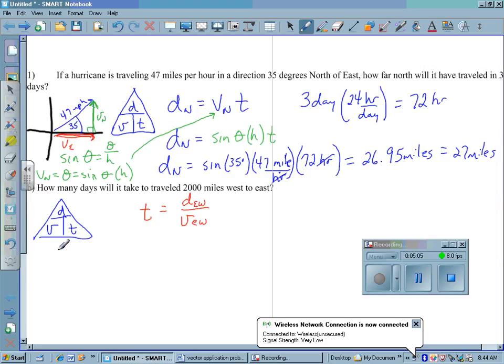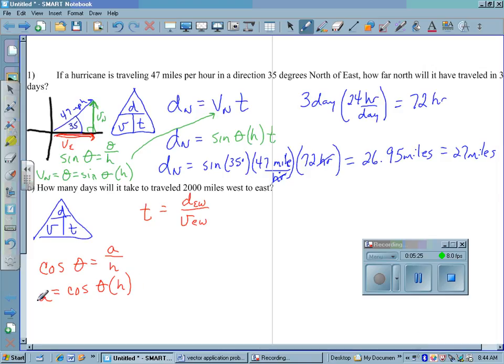Well, if you're trying to find the adjacent side, don't forget, once again, SOHCAHTOA, the cosine of theta equals adjacent over hypotenuse. So the adjacent side can be found by taking the cosine of theta times the hypotenuse. And so that's what I'm going to fill in for the velocity. So that means the velocity in the east-west direction equals the cosine of theta times the hypotenuse.